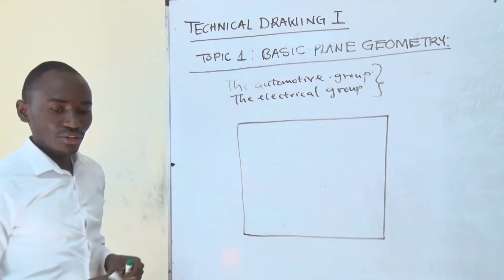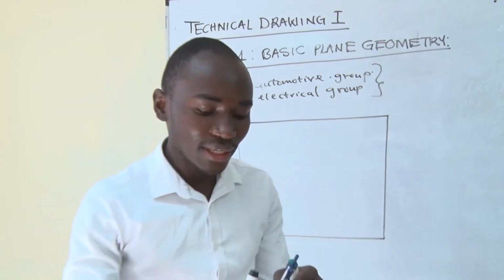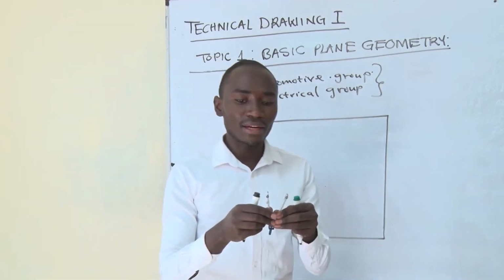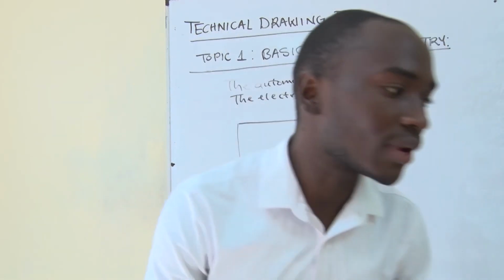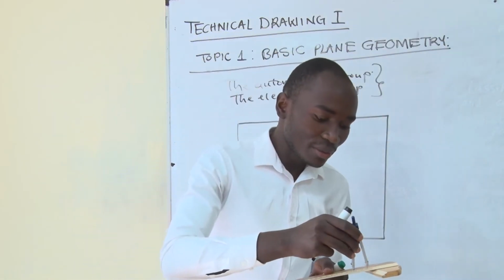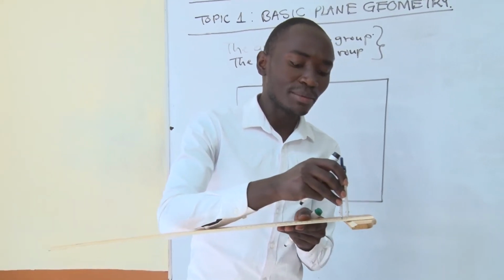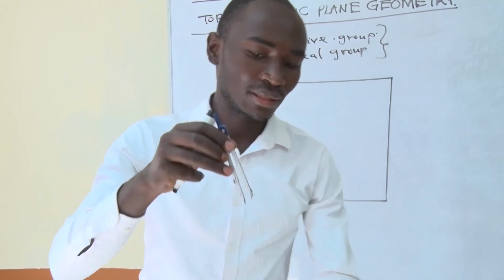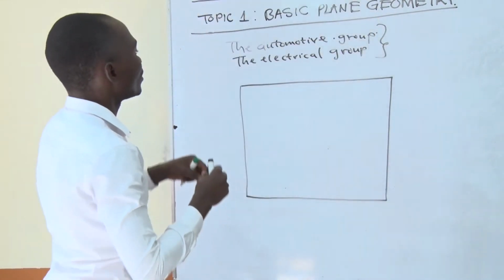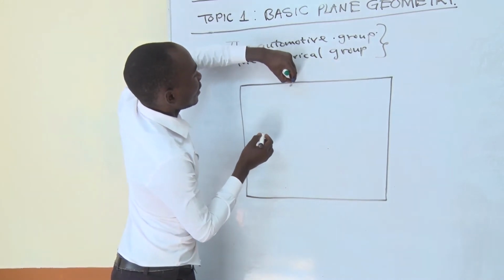So first of all, you will take your compass. Then you will measure. You will take your ruler, then you will measure 10 millimeters, like this. Then you place it on that particular paper, like this.